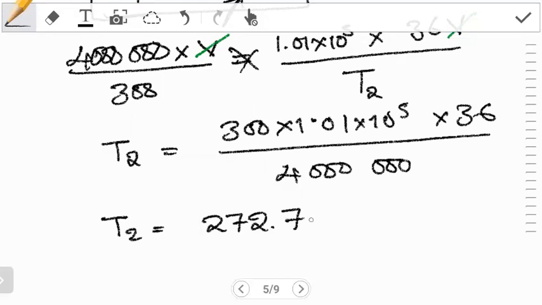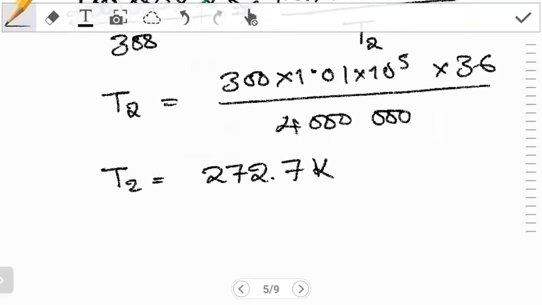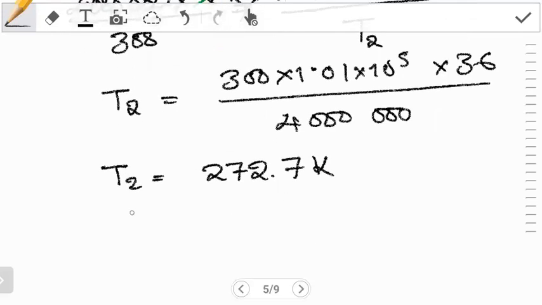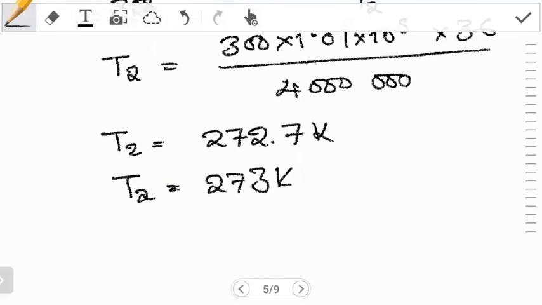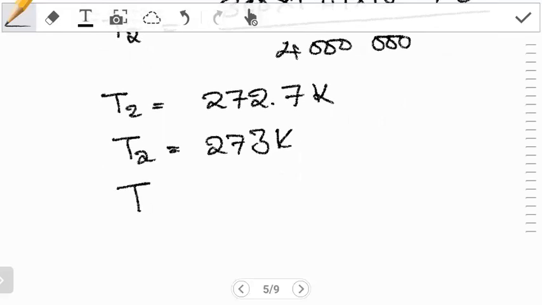272.7. But remember, the temperature I was using was in Kelvin, so this value I'm getting here is in Kelvins. If you write it to 3 significant figures, it comes out as 273 Kelvins. And then finally, written in degrees Celsius, this is just 0 degrees Celsius.